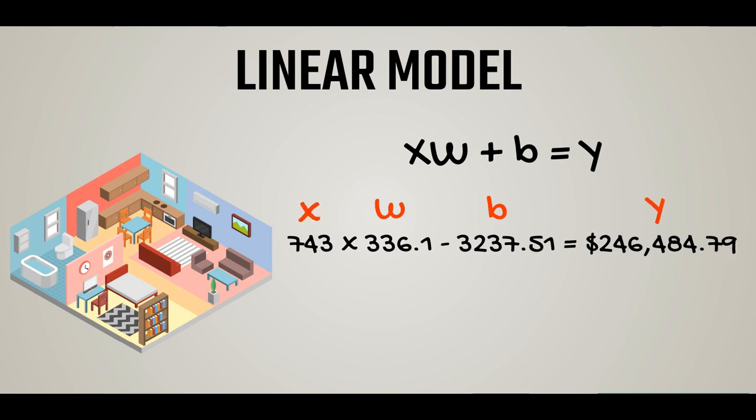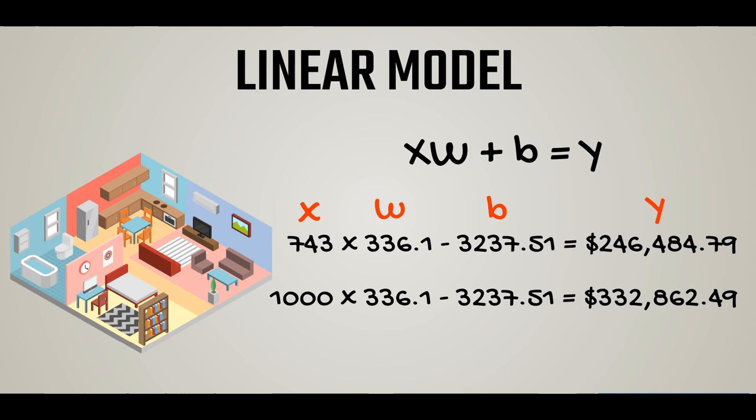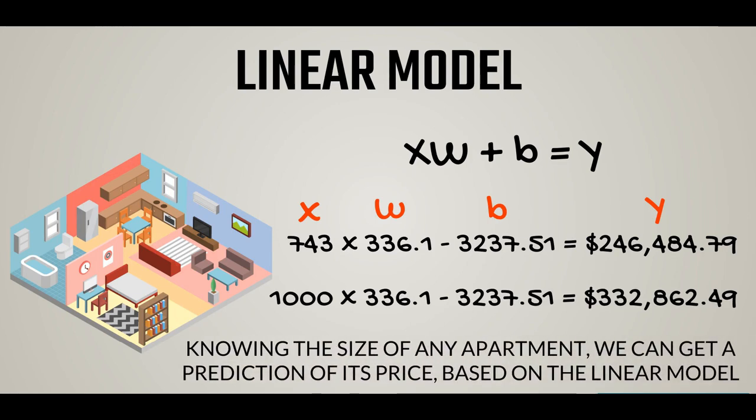Similarly, given an apartment of a different size, say 1,000 square feet, our model would predict a price of $332,862.49. Knowing the size of any apartment, we can get a prediction of its price based on the linear model.